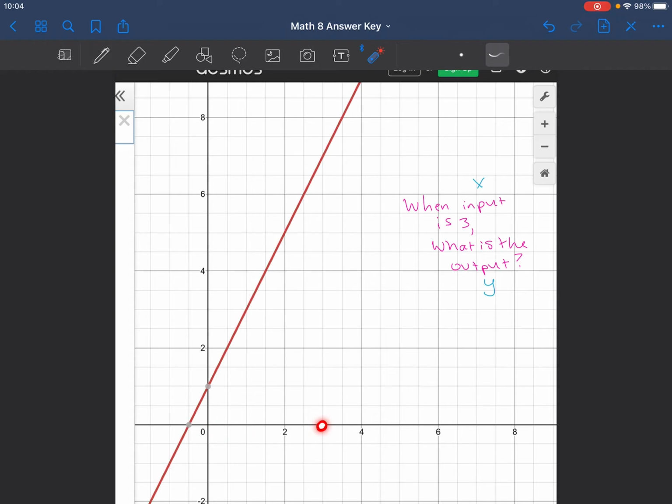I'm going to go up from x equals 3 and find where I hit this graph. At x is 3, I now need to find the y value, which if I track over here, I find that the y value is 7. So the correct answer, when input is 3, the output is 7.